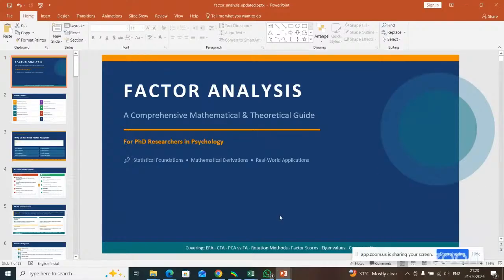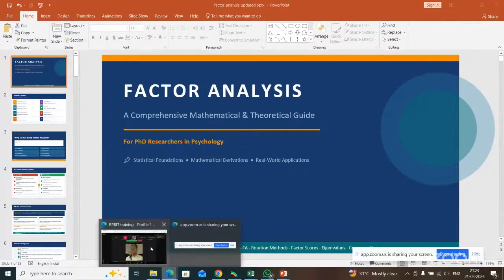So, students, you have understood the importance of factor analysis, because in social science research we usually deal with several variables, and the variables are sometimes related to each other, and this relation sometimes creates redundancy.